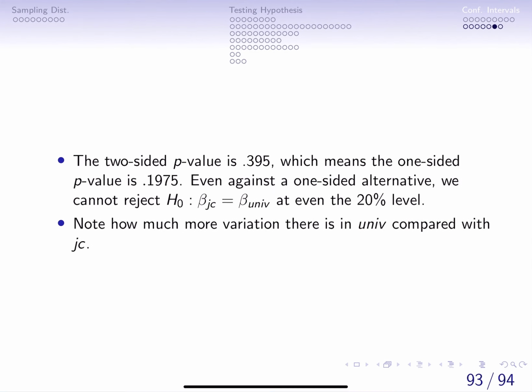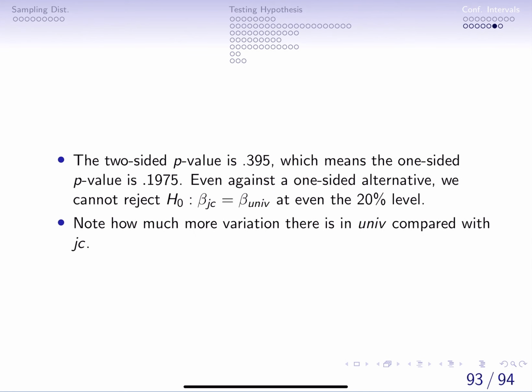Typically software would spit out a p-value associated with such a test. In this case, we find that the p-value is 0.395, which is a very high p-value, which basically means that we fail to reject our null.